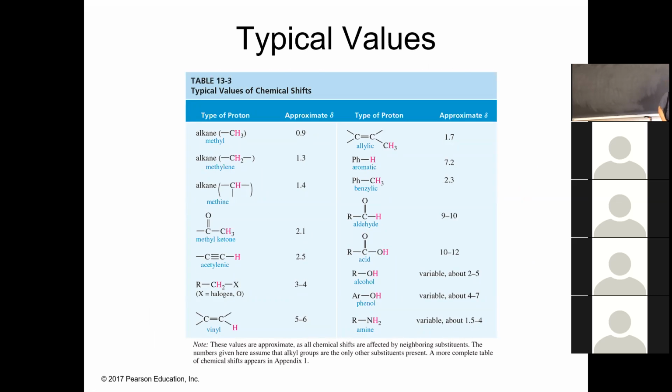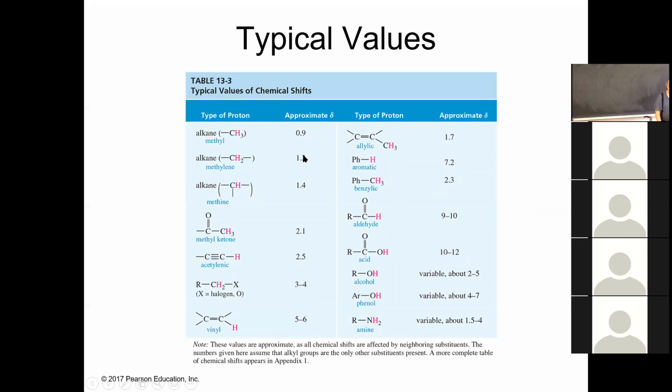Like IR, NMR allows us to determine the functional group based on chemical shift, but we can also get a lot more information as well. Here we have an alkane, with no other functional groups present, just a saturated hydrocarbon.